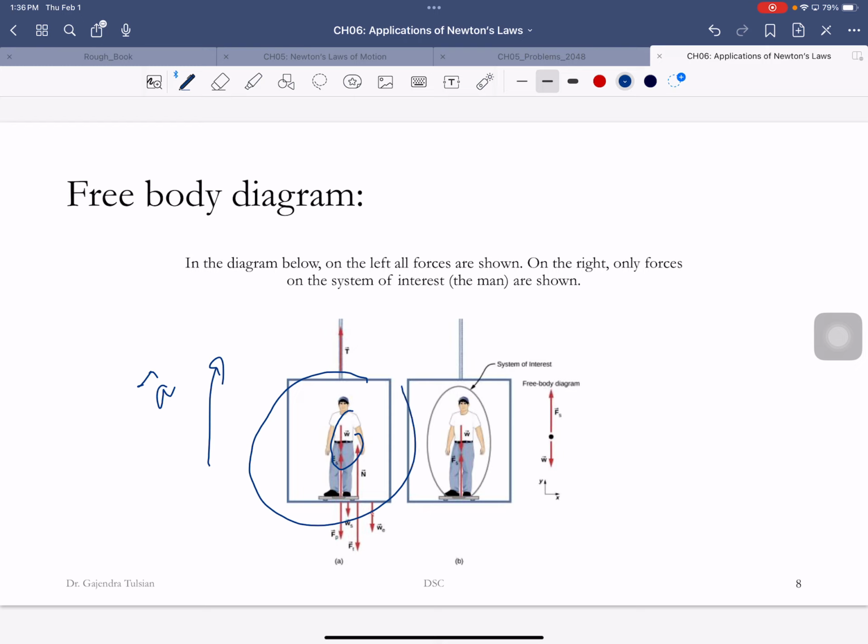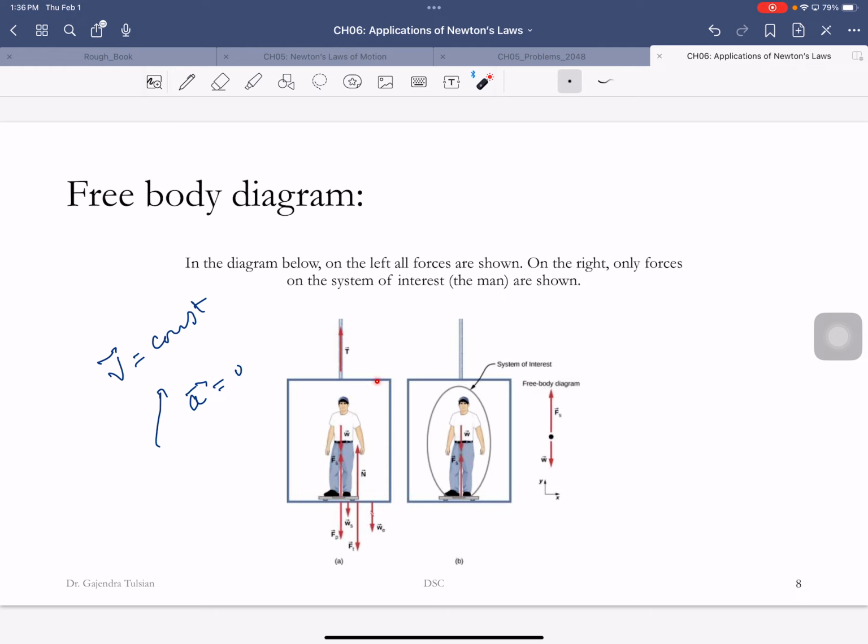Or if it's moving at constant velocity, what is the acceleration then? 0. What is the acceleration of the elevator? 0. What is the acceleration of the man? 0.